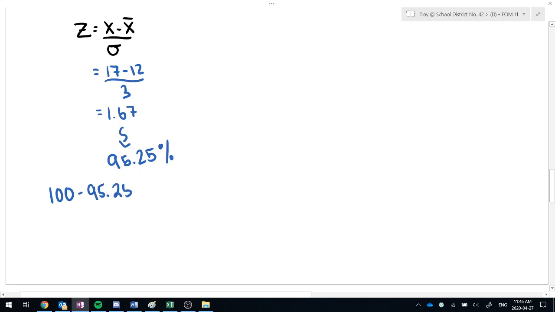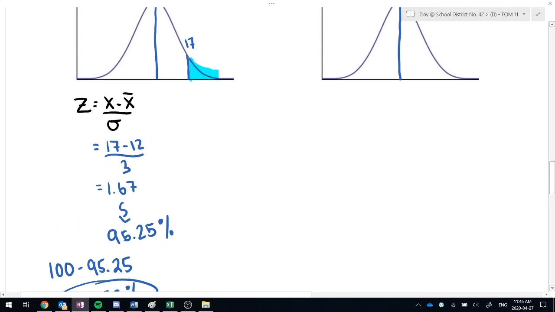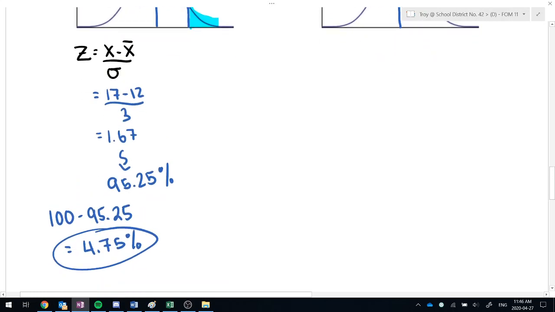We did that during the last section, so of course that's going to give us a 4.75% chance to be sick for longer than 17 days.